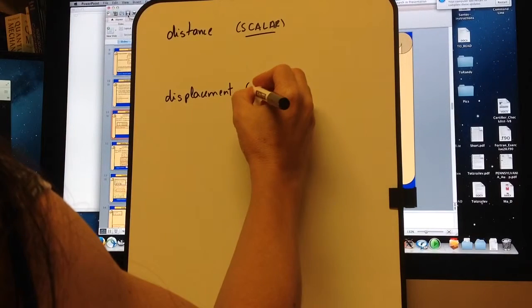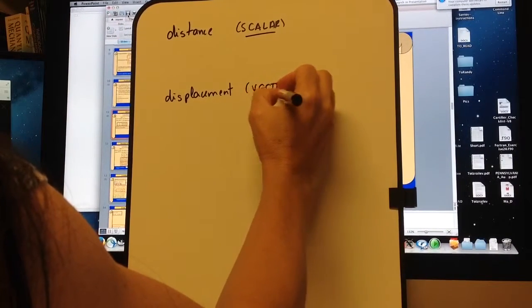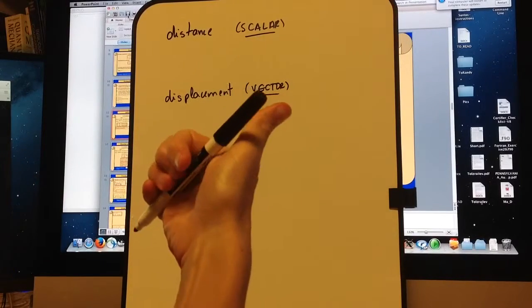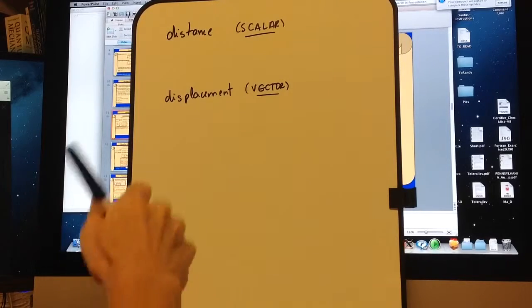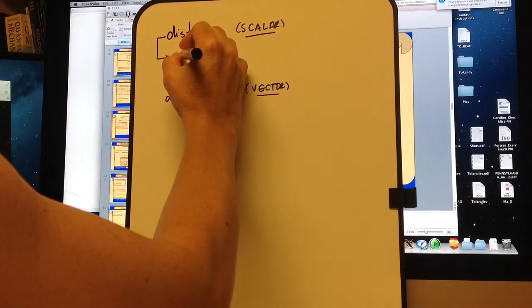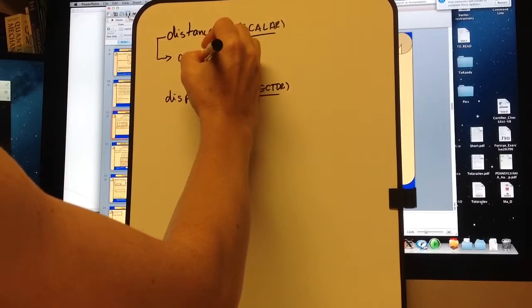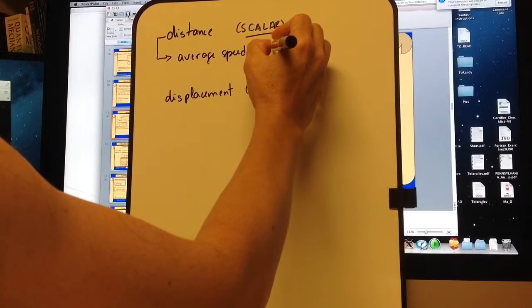And the displacement is a vector, and this is very important because a vector comes with magnitude and also with direction.